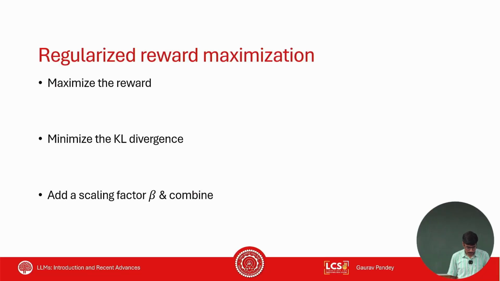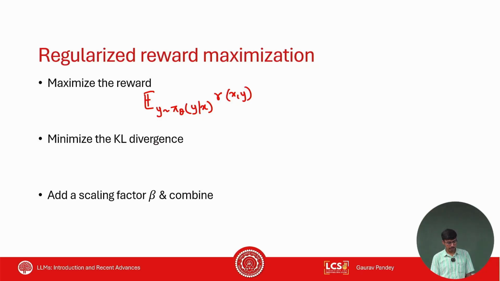Okay, so let's write both the objectives again. The reward maximization objective was that I sample from the policy that I am training and compute the expected reward. This is the reward maximization objective.